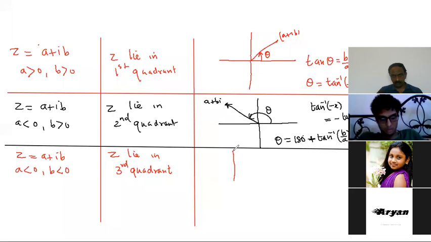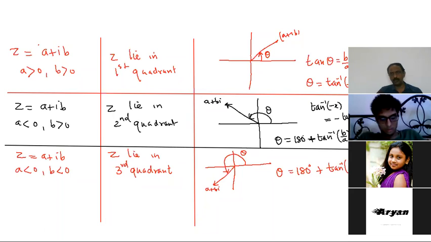In that case, my diagram would be like this. This will be A plus BI. In that case, I have to do like this. This much is 180. This much is tan inverse B by A. So your argument theta will be 180 degrees plus tan inverse B by A.